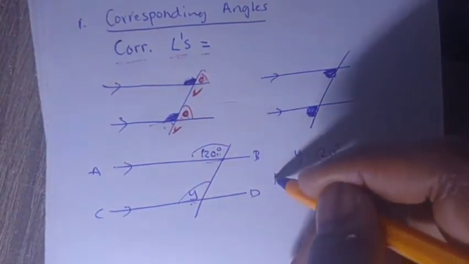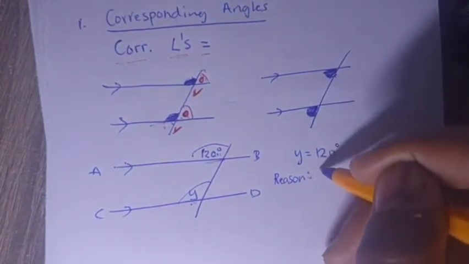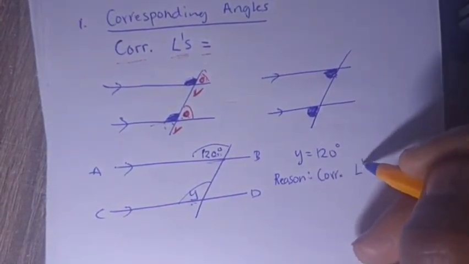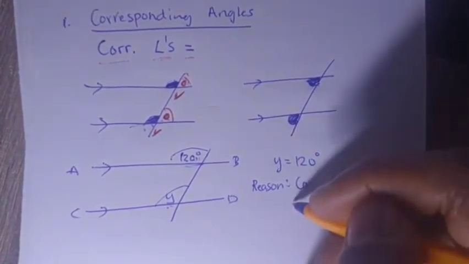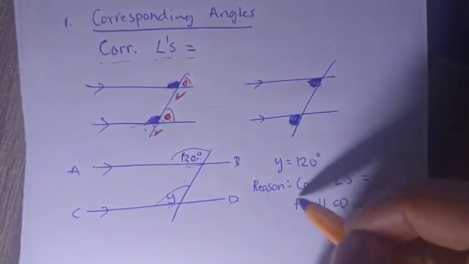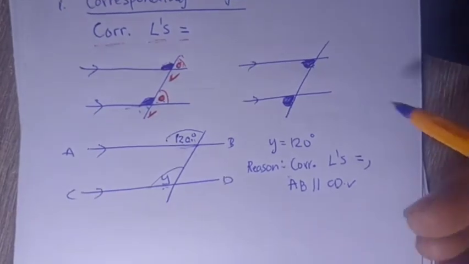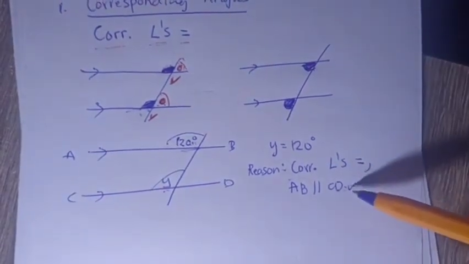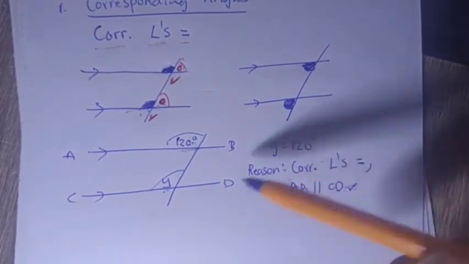Then your reason will be: corresponding angles are equal. Why are we using this rule? Because AB is parallel to CD. We only use these rules when we are dealing with parallel lines, so it's very important that you indicate in your reason that you use this rule because of the parallel lines you identified.